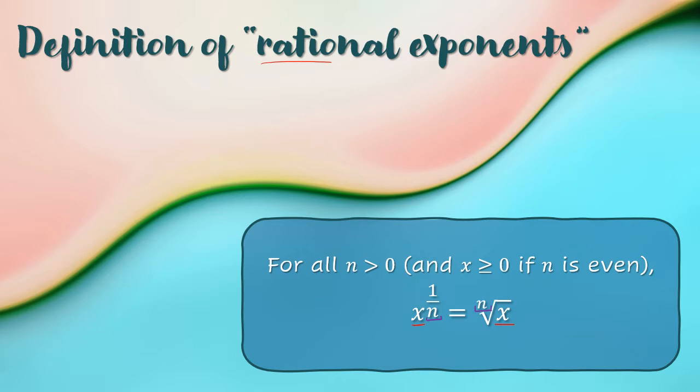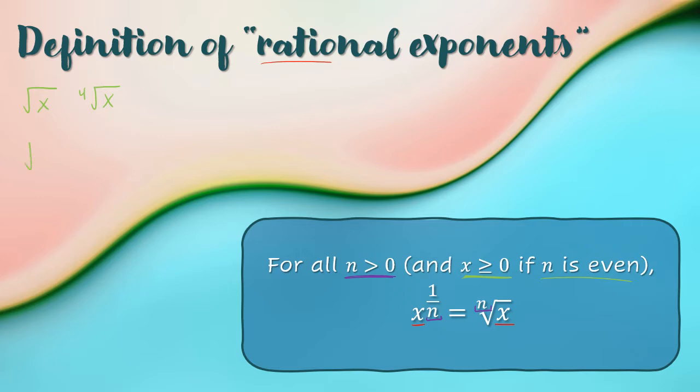Now we are specifying that we're only talking about positive values of n. n has to be positive here. The other clarification is that we're talking about only positive or 0 values for the base x if n is even. So if we're talking about a plain square root of x, or the 4th root of x, so on and so forth, we're only talking about x being a positive value or being equal to 0.